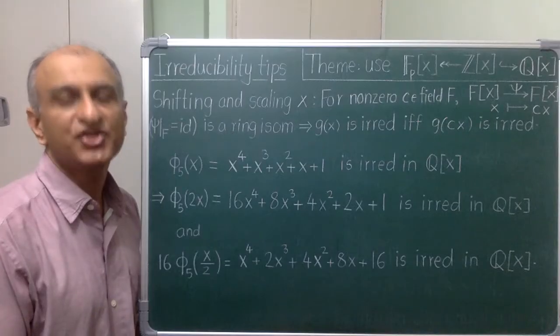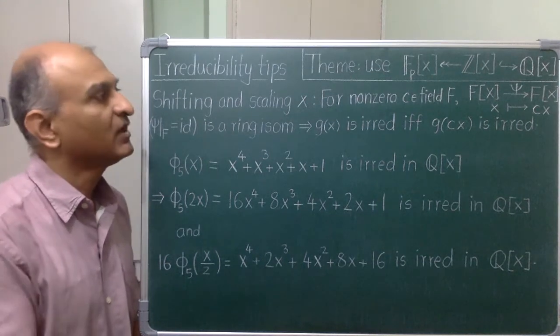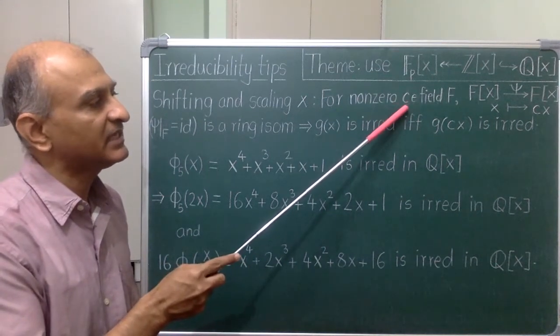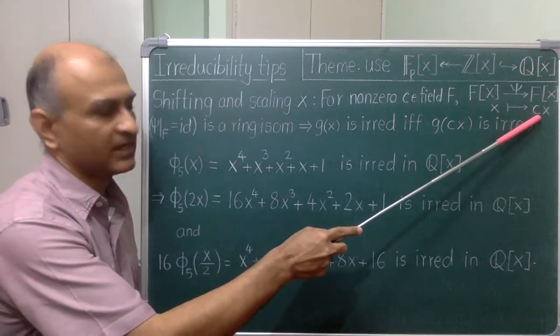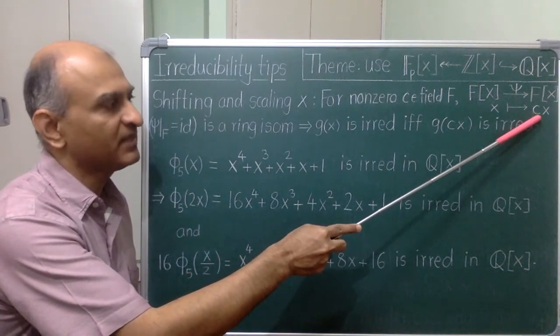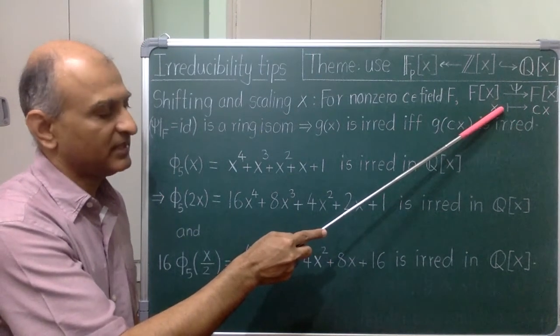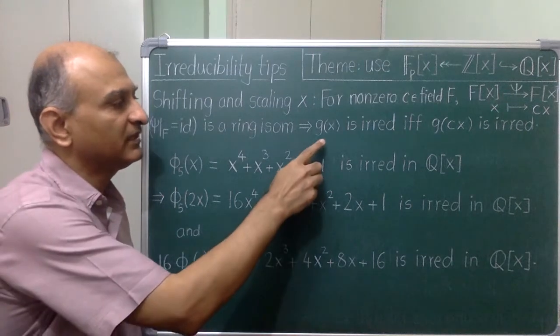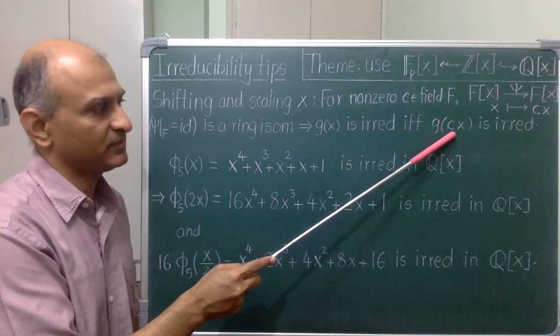We saw how a shifting isomorphism can help. We can also scale. For a non-zero scalar c in a field F, I can send x to c times x, and this is an isomorphism. Its inverse sends x to c inverse x. Then g of x is irreducible if and only if g of cx is irreducible.